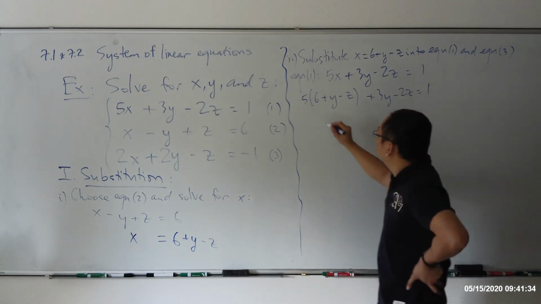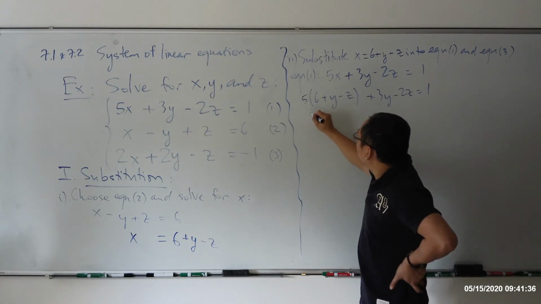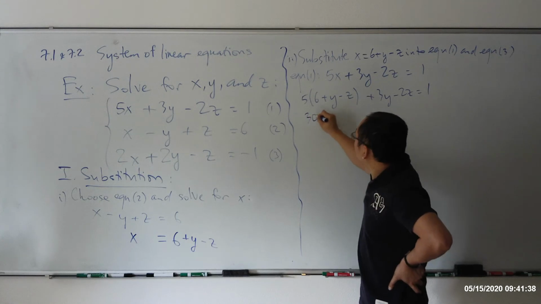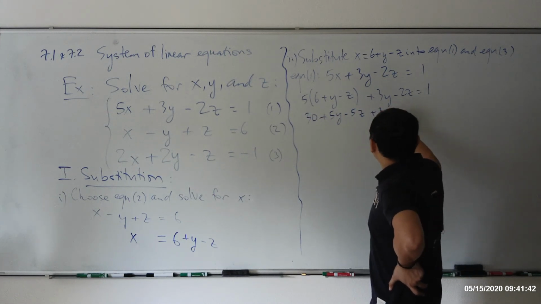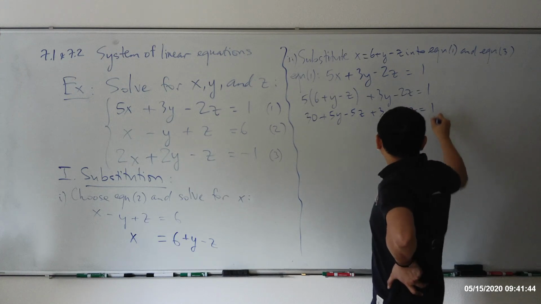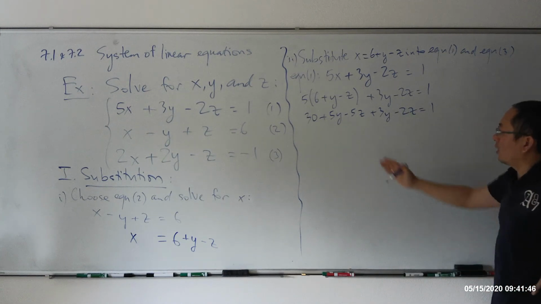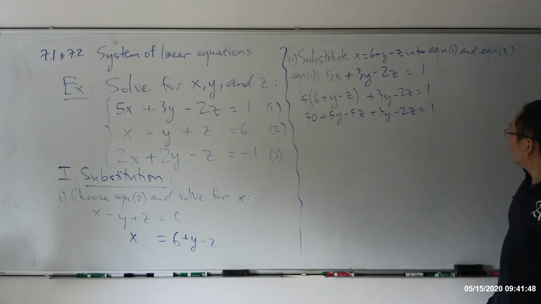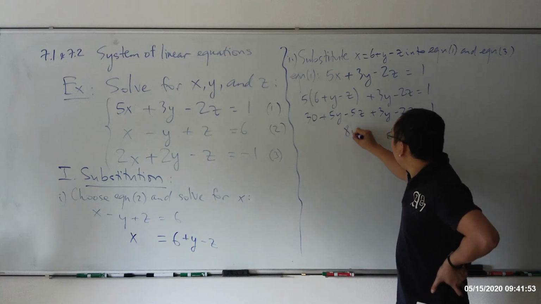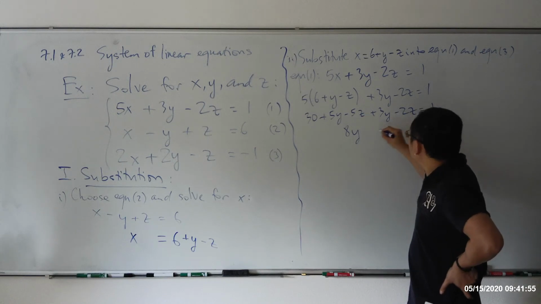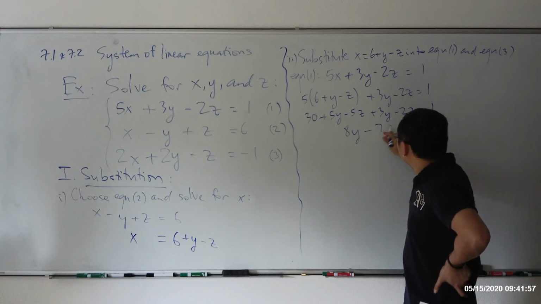Simplify. We get 30 plus 5y minus 5z plus 3y minus 2z equal to 1. Now combine the like terms and bring all the numbers to the right hand side. So 5y plus 3y is 8y, and minus 5z minus 2z is minus 7z.